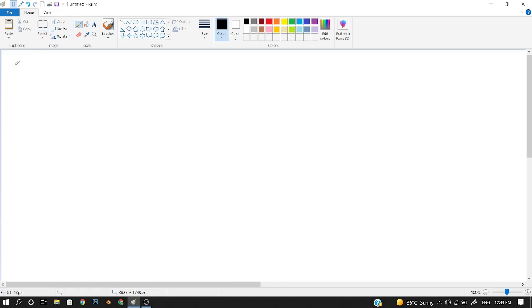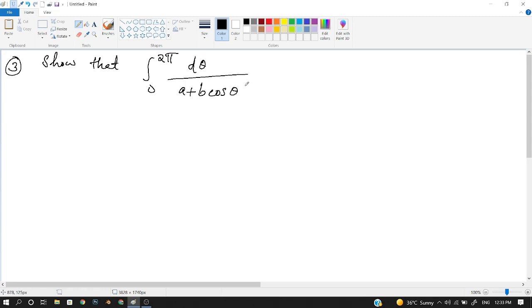Now let us consider the third question. This is a general question. Show that integral from 0 to 2 pi d theta divided by a plus b cos theta equals 2 pi divided by square root of a square minus b square, where a is greater than b greater than 0.